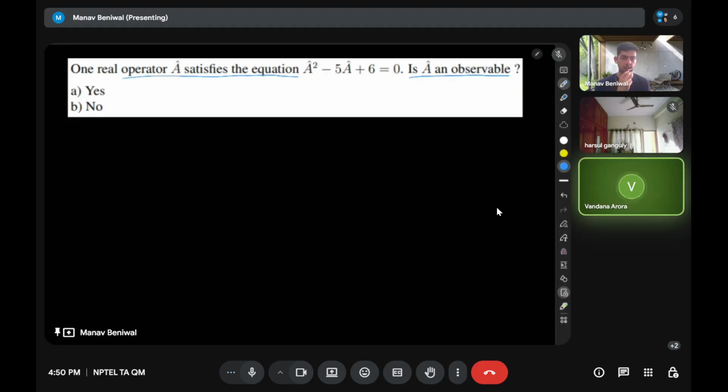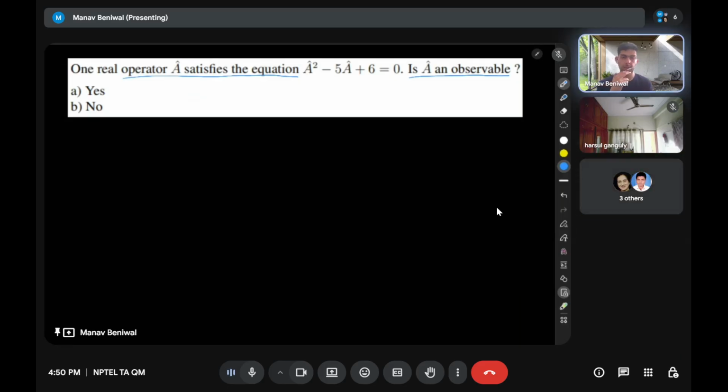Expectation value, maybe. Yeah, but there is an even simpler way. Hermitian or not? Yeah, Hermitian or not. So basically, if A is an observable, essentially what the question is asking is: is A Hermitian?